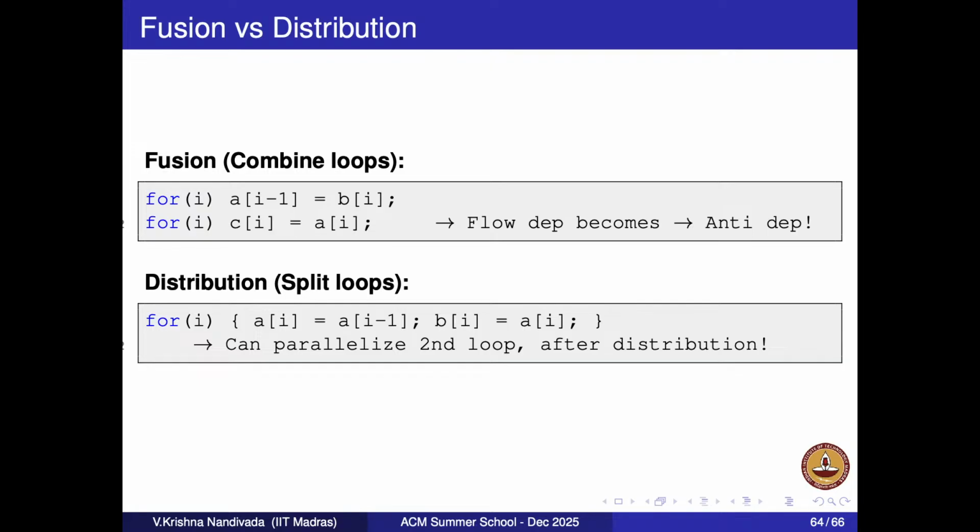Is there any dependence between loop 1 to loop 2? What type of dependence is it? I am writing here, I am reading here. This is flow dependence. Okay. I want you to, on your notebook, fuse the 2 loops and tell me what happens to the dependence.